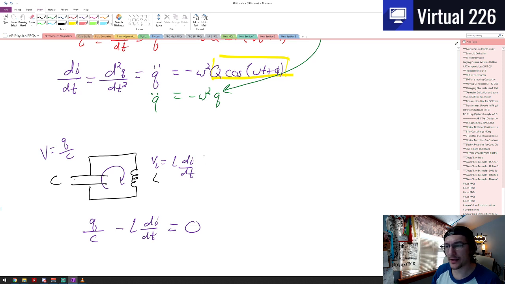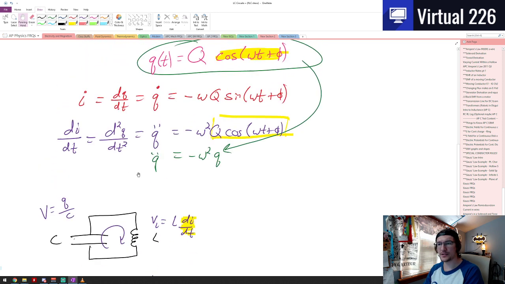Well, if we go back, what is di dt? We actually know what this is. di dt is just this idea of the Q double dot. Furthermore, it's the derivative of this current, and we know this current is a negative, so we get a negative quantity out of it.